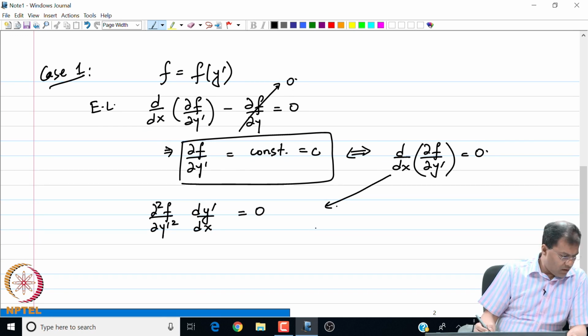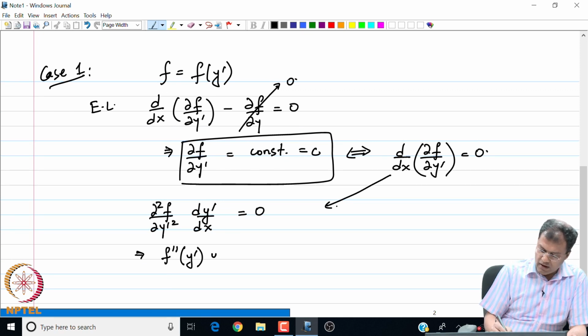So, we see that we could have two choices. So, this means that we have f second derivative with respect to y prime times y double prime is equal to 0. So, the product of this equal to 0 implies either this quantity is 0 or this quantity is 0, right.